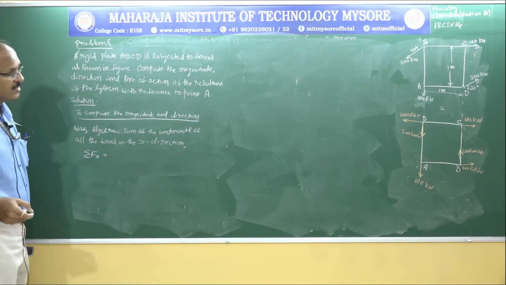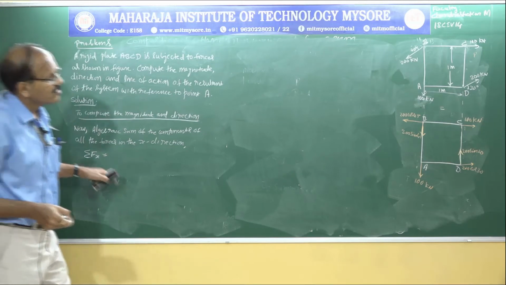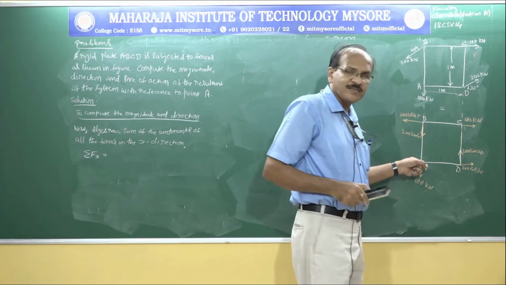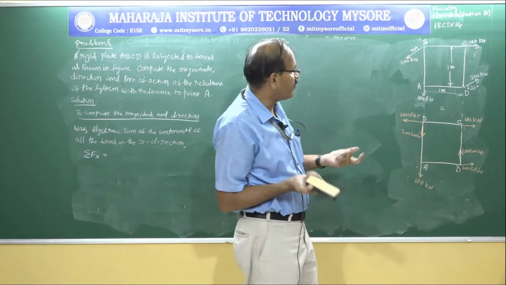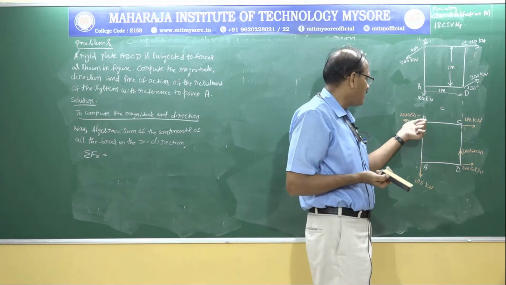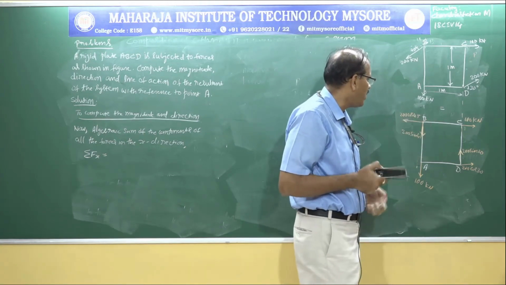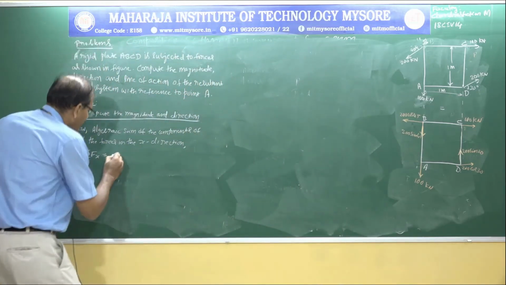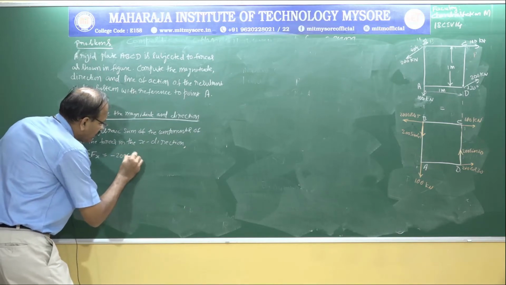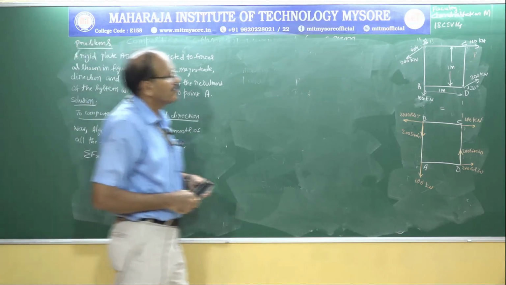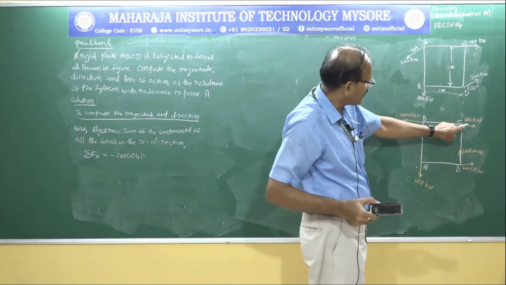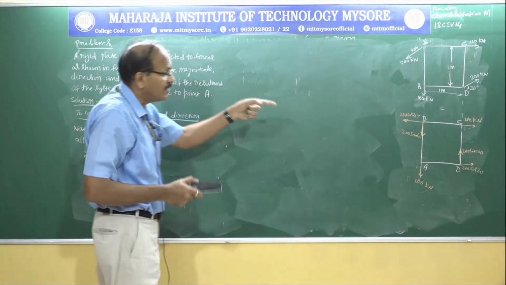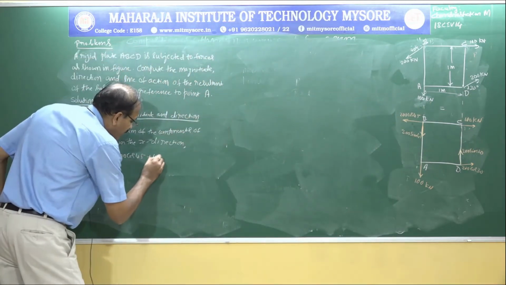Let us take all the horizontal forces starting from here. At A, is there any horizontal force? No horizontal force. We don't have to worry about it. Here, yes, there is a horizontal component which is 200 cos 45 and it is acting to the left. So I am going to take minus 200 cos 45. If I come to C, yes, there is a force 100 kilonewton acting towards right, that is plus 100 kilonewton.